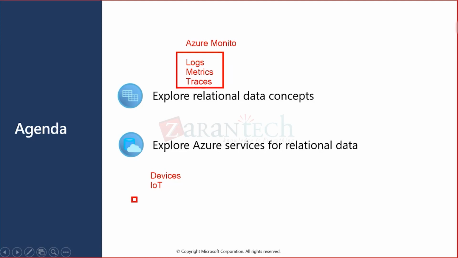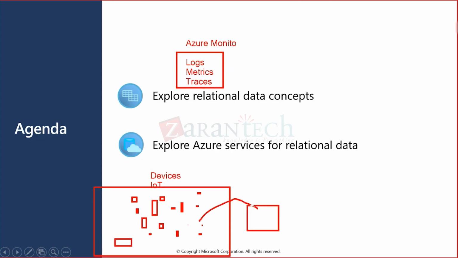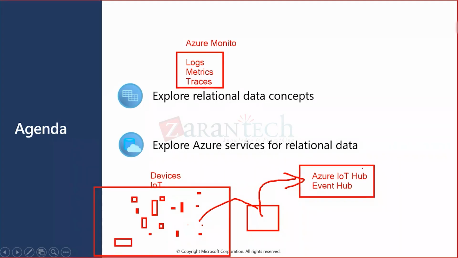Let's say you have a sensor, or Raspberry Pi 3, or an Intel Galileo, devices collecting data in a field gateway, and this field gateway sends data to Azure, where an IoT Hub or Event Hub ingests this data, which is also called telemetry data.